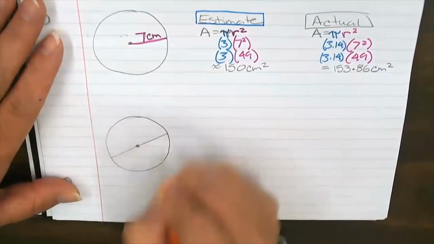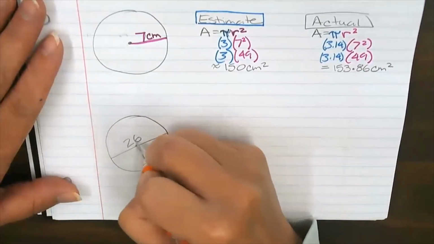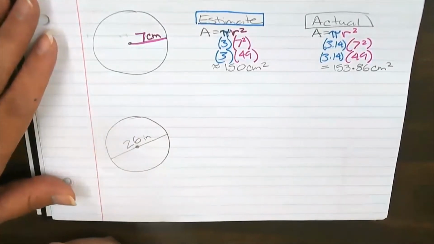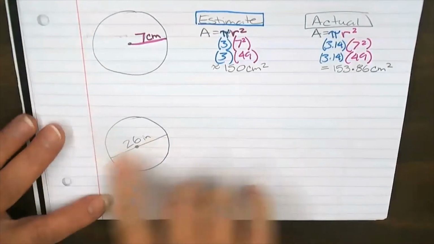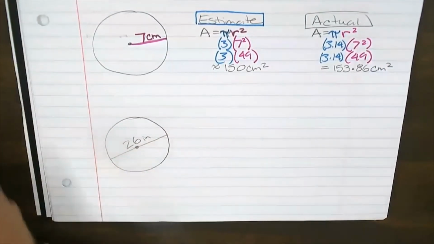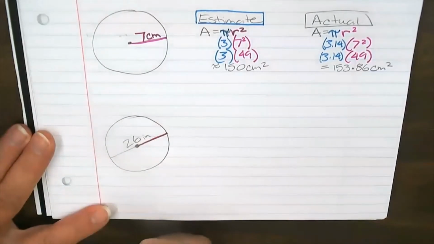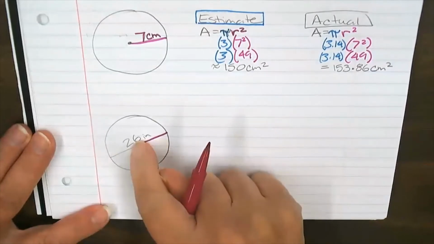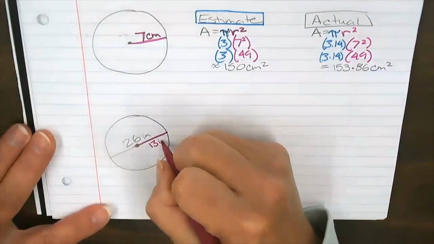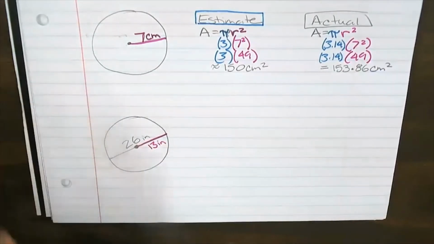Now in this case, they've given us a circle with a diameter of 26 inches. Okay, diameter: when we're trying to figure out area, I don't really need the diameter. I need the radius. The radius is half of the diameter. So my radius is 13 inches. I'm going to be using the radius.